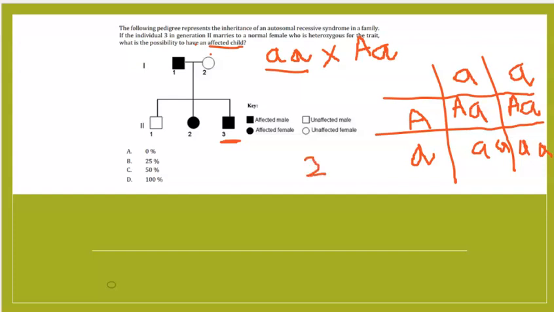We can easily see it is 50% of the children. Out of 4, 2 will be affected, 2 will not be affected. So when it's 2 out of 4, the answer has to be 50%. This is how you will figure out your answer. So the answer is 50%.